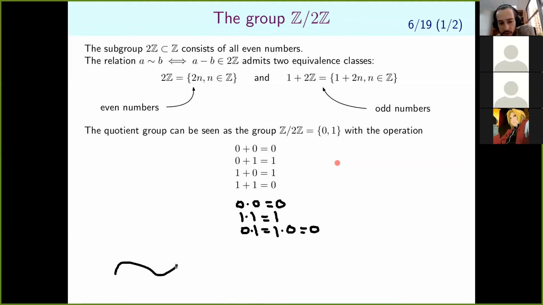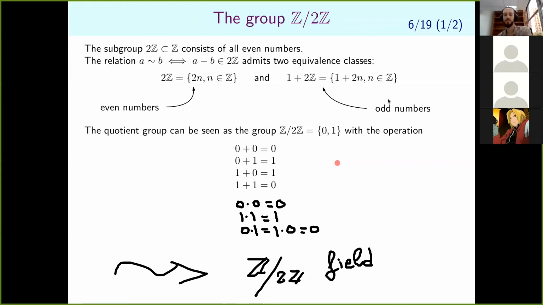And this makes Z over 2Z a field. So if Z over 2Z is a field, we can consider vector spaces over Z over 2Z.